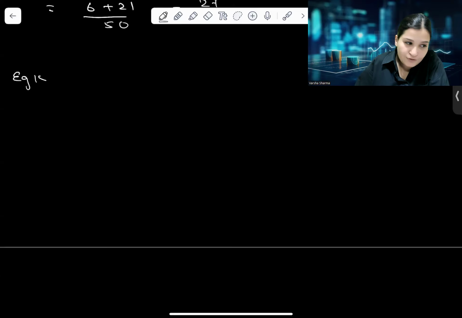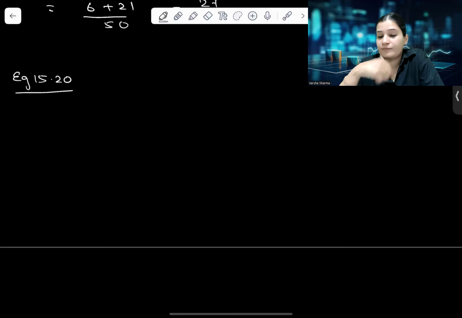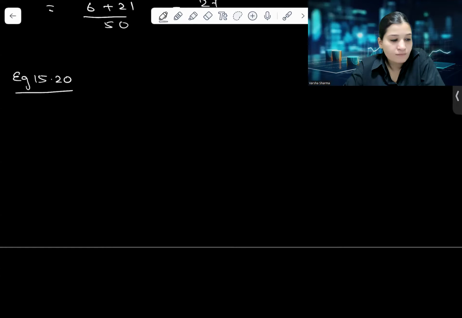Example 15.20. Please read the question first. So it says that one ball is drawn from each box.